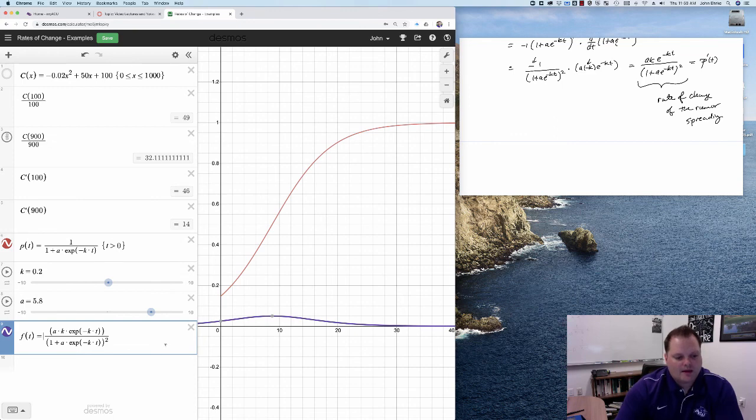Okay, so we know f of t is the rate of change of this thing. And what I want you to notice is wherever the rate of change has a maximum, that corresponds to the steepest increase in the rumor being spread. So here's our maximum of the rate, and that's the steepest it's being spread.